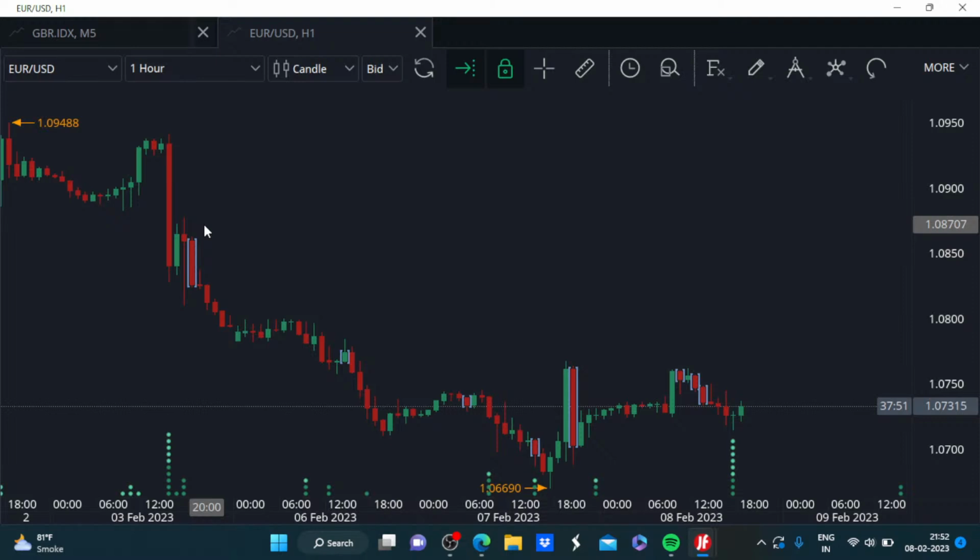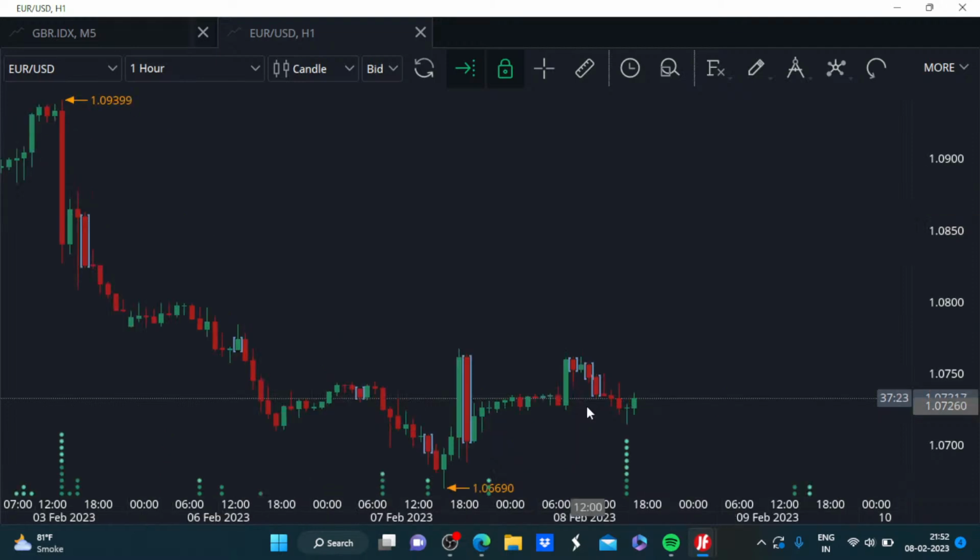Here we are seeing multiple instances of this formation taking shape on the chart. I think some of these are bullish belt holds and some are bearish belt holds. So this is the bearish belt hold, as we have this candle closing significantly lower compared to the opening price.